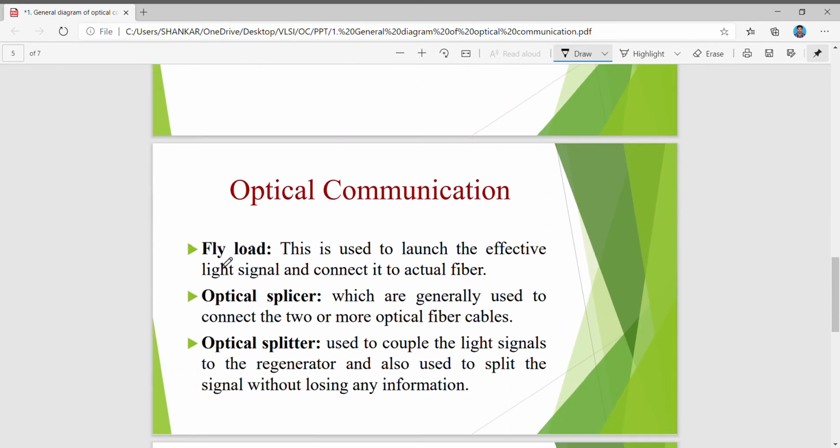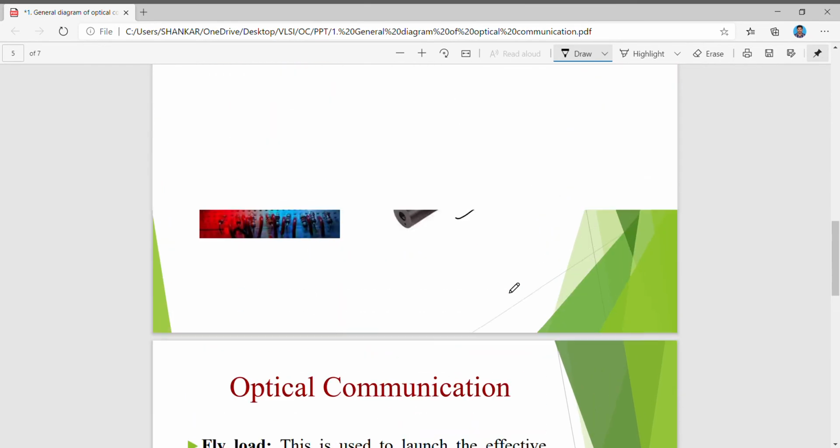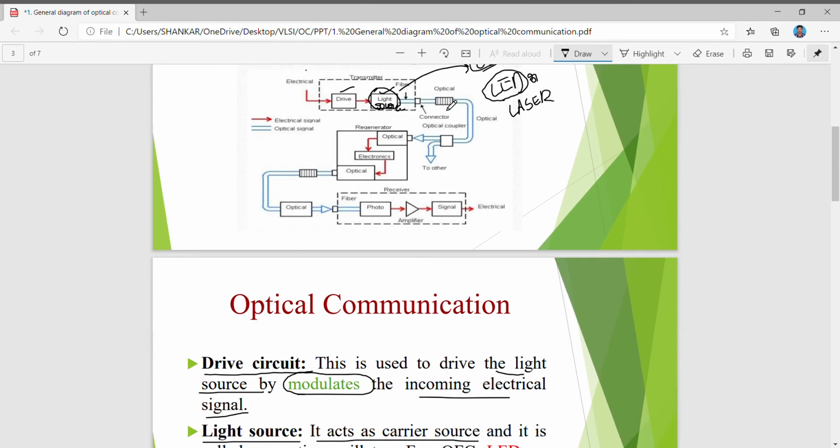The fly load is used to launch the effective light signal and connect it to the actual fiber cable. This part is represented as the actual fiber cable, but in the transmitter section we use a very small part of an optical fiber cable, called the fly load.